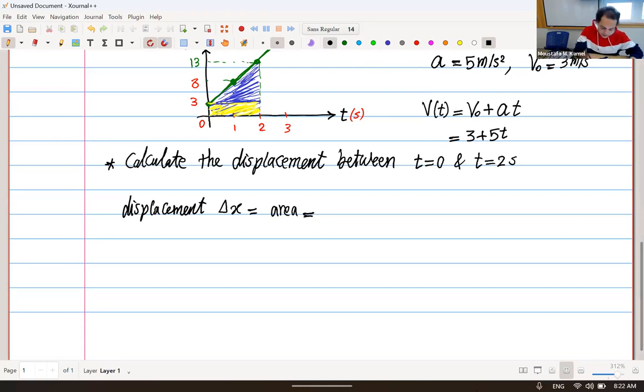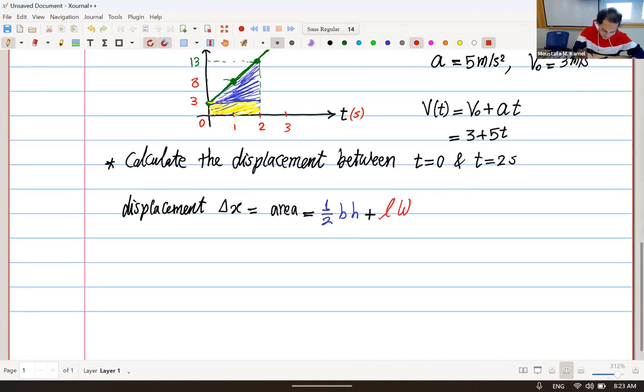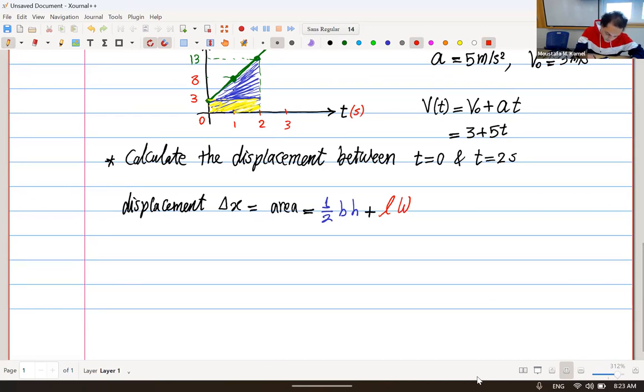So in this case, the area will be the triangular part first, which is half base times height, plus the rectangular area, which is just length times width.